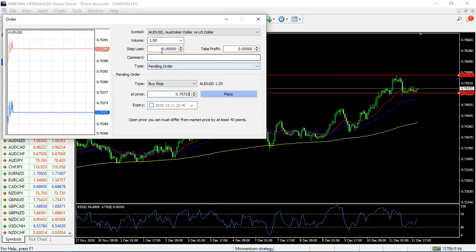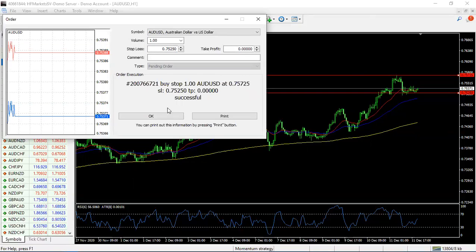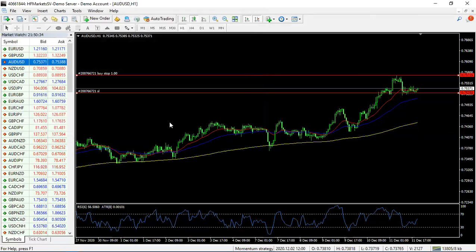Okay, and the stop loss at around 0.75250. Okay, then you place that position. So there you have it.